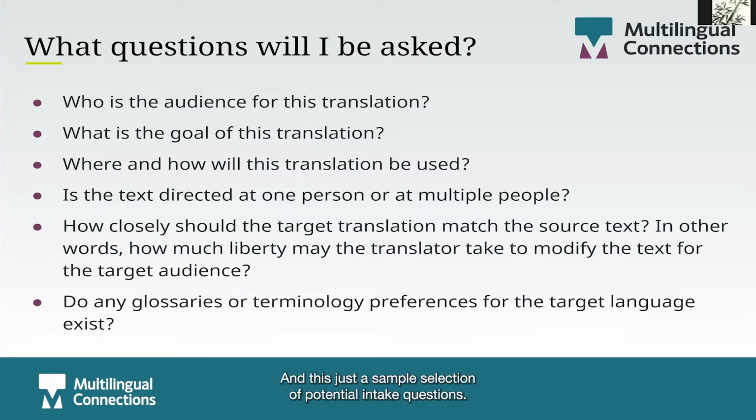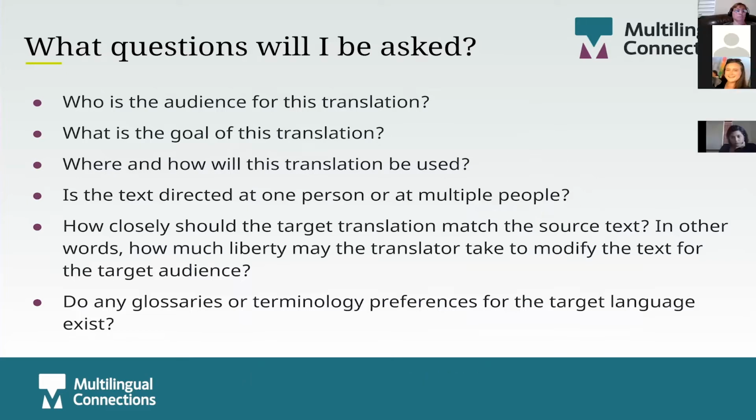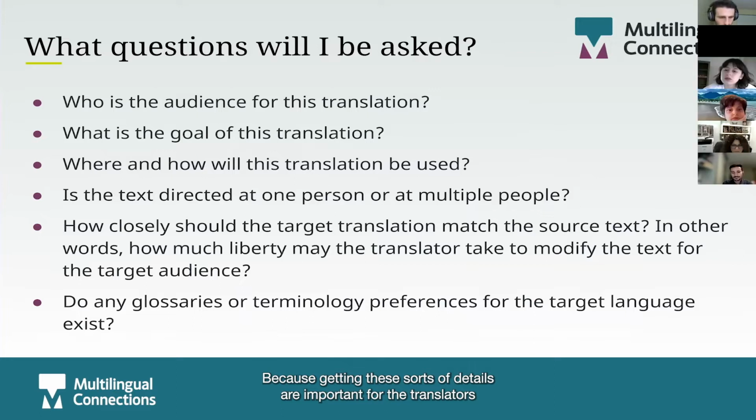And this is just a sample selection of potential intake questions, and any translation partner that you're working with should be asking these types of questions at the beginning of a project, because getting these sorts of details are important for the translators to be able to make the best contextualized decisions while they're translating. So a few examples here: who is the audience for this translation?